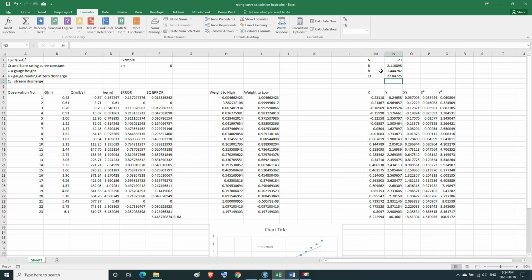Now we calculate the parameters of this equation, which is Q equal CR multiplied by brackets G minus A to the power beta.